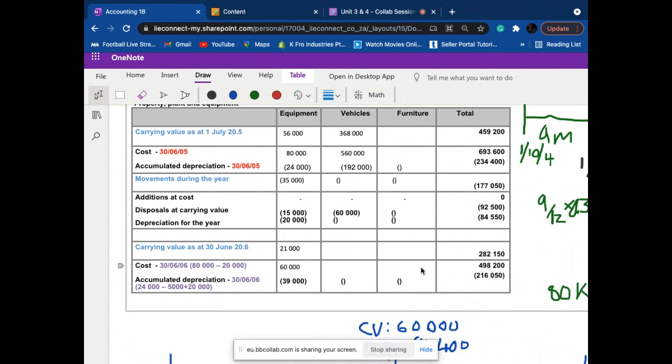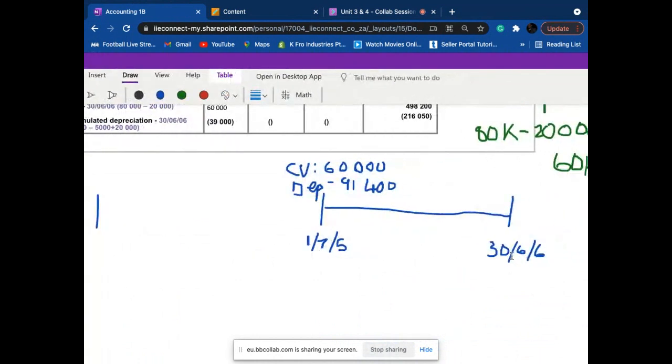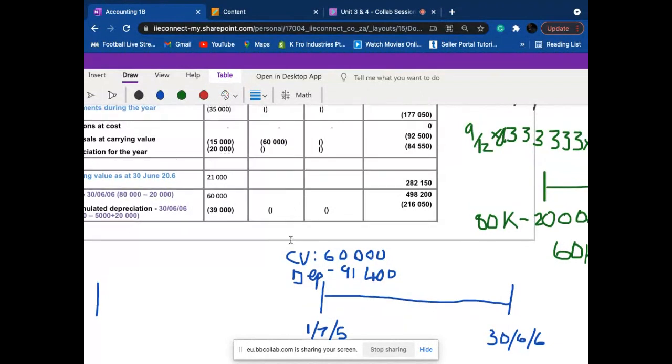Now, we know that we need to calculate depreciation for the year on all the other vehicles that we had, all right, that we still kept from 1 July all the way until 30 June. So what must happen? How do we go about this, guys?